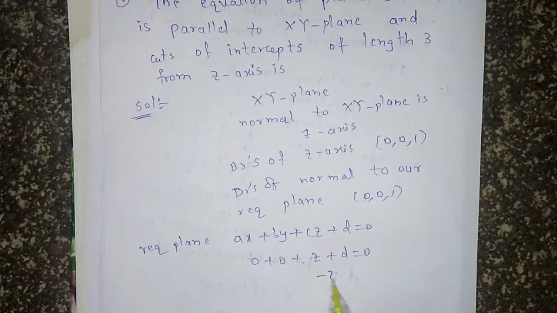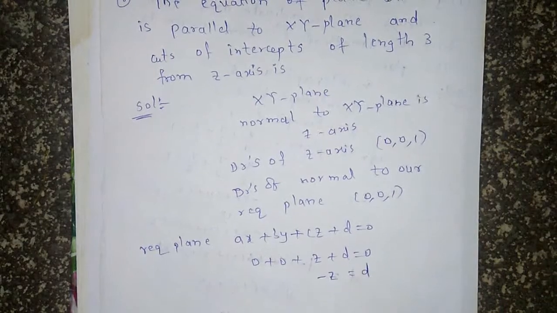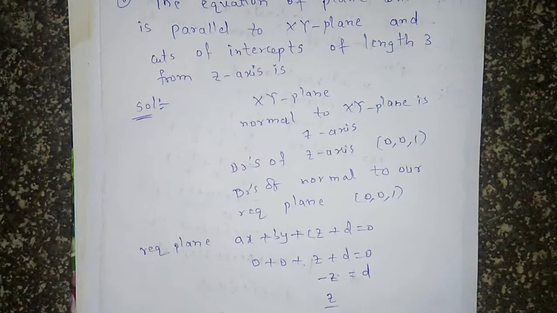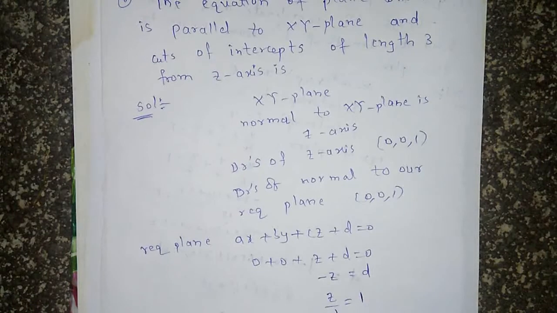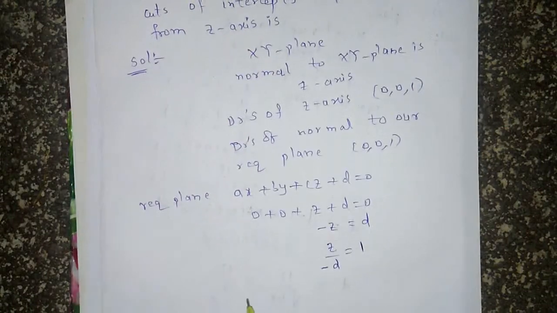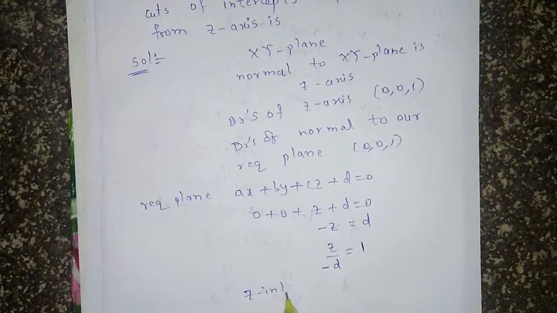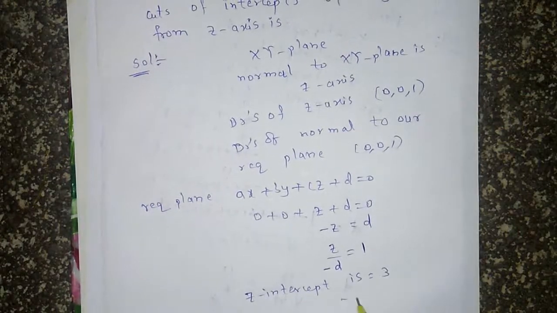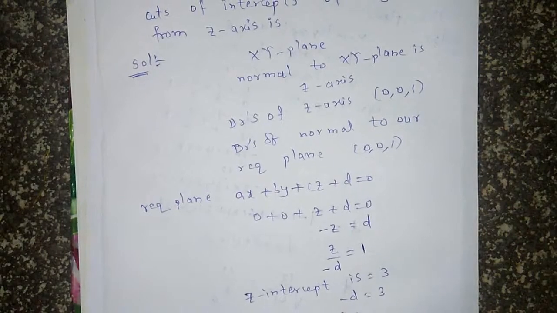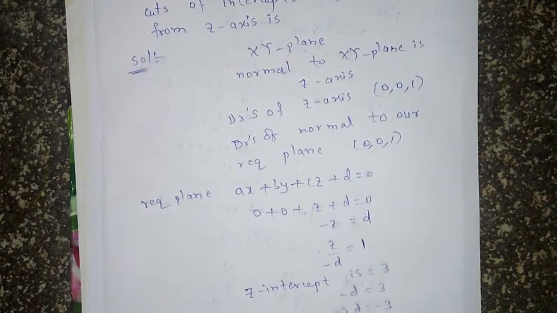This is minus z is equal to d, z by minus d is equal to 1. So this is intercept form. So given z intercept is equal to 3, that is minus d is equal to 3, implies d is equal to minus 3.